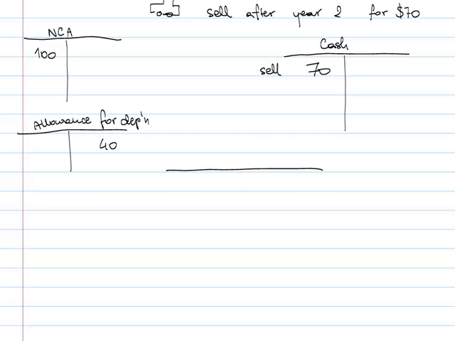We will record all these transactions on something that's called a disposal account. We sold for 70, and when we sold it, obviously we need to get rid of it from all the other accounts. So we get rid of the original cost, and we get rid of the accumulated depreciation.